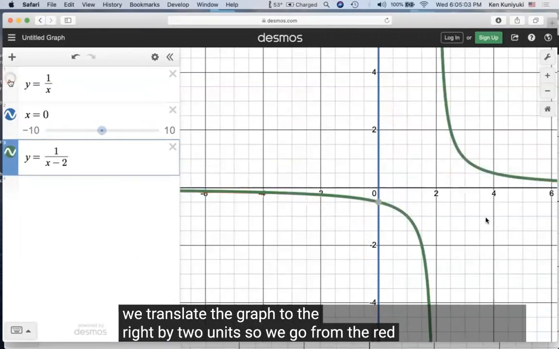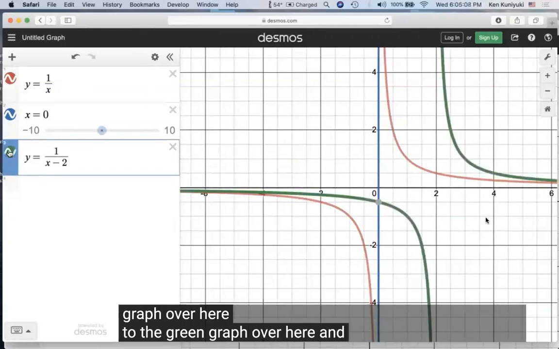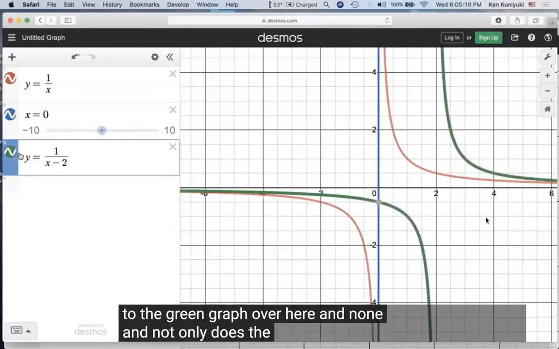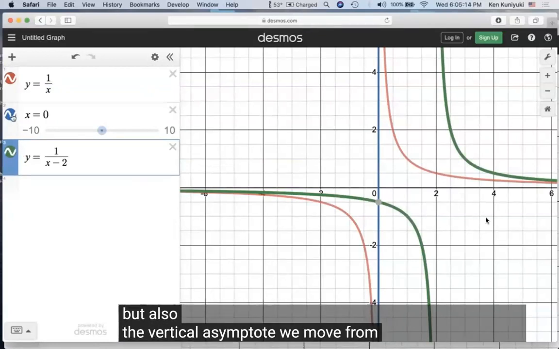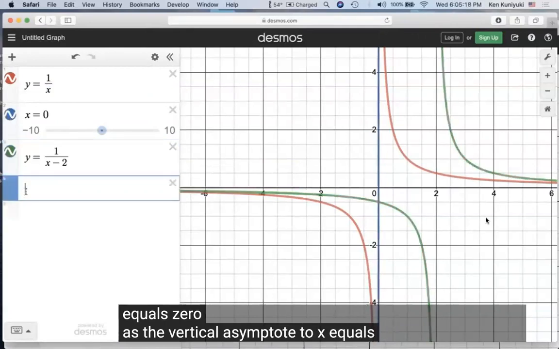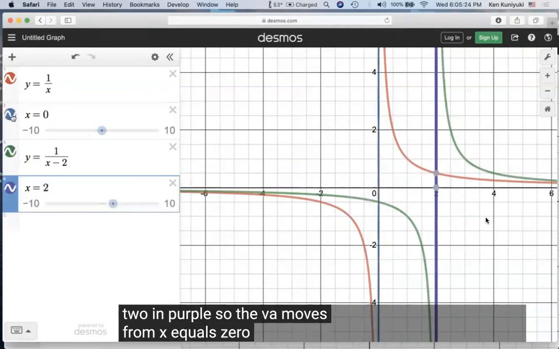So we go from the red graph over here to the green graph over here. And not only does the graph translate, but also the vertical asymptote. We move from x equals 0 as the vertical asymptote to x equals 2 in purple. So the VA moves from x equals 0 to x equals 2.